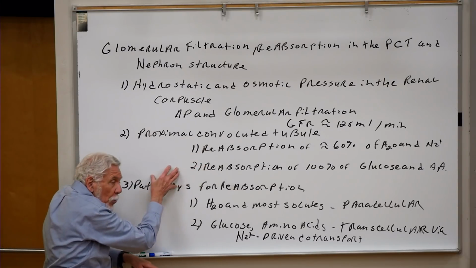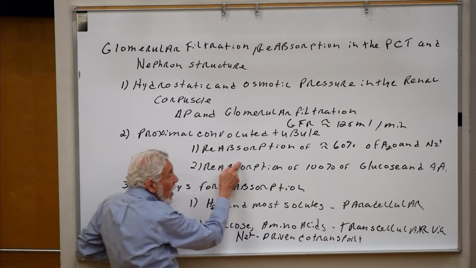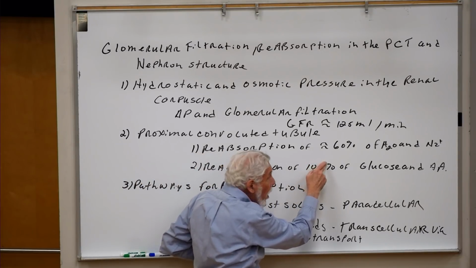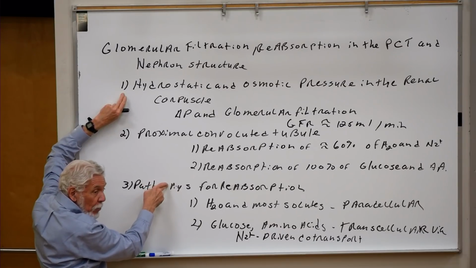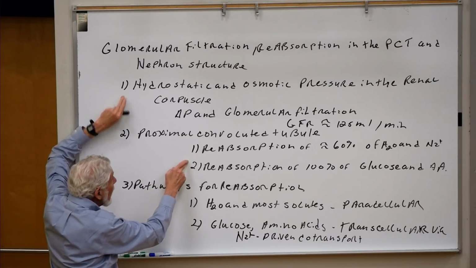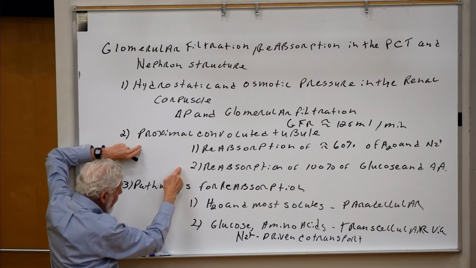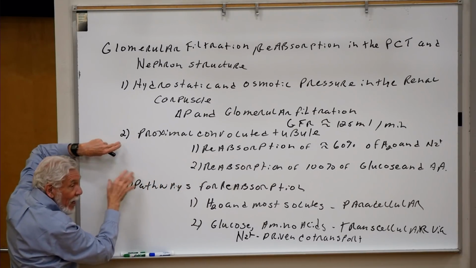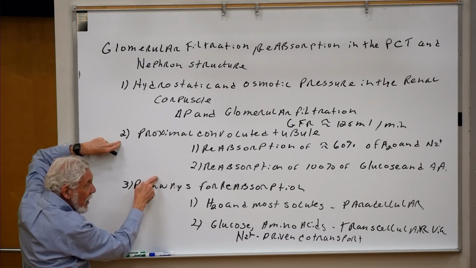Within the proximal convoluted tubule, we reabsorb something like 60% of the sodium and 60% of the water that we forced out of the blood vascular compartment into Bowman's capsule. That reabsorption occurs in the proximal convoluted tubule, and we'll talk about how that gets done. But there's another really important aspect of reabsorption in the proximal convoluted tubule that we need to think about.